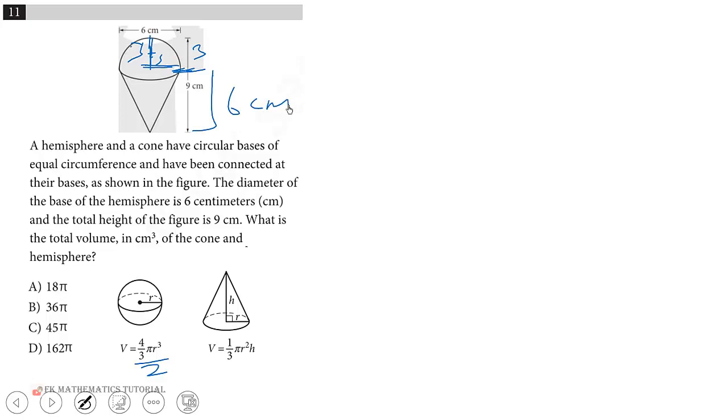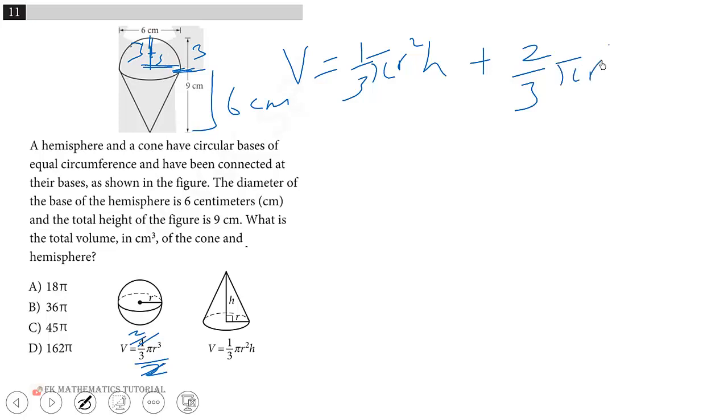So the radius is 3 and the height is 6. The volume of the solid will be equal to the volume of the cone, which is 1 over 3 pi r squared h, plus half of the sphere, which is 2 over 3 pi r cubed.